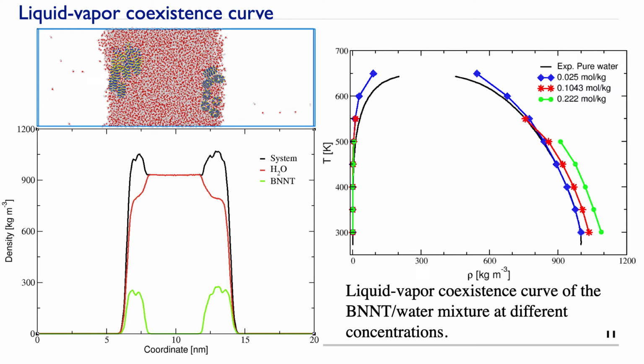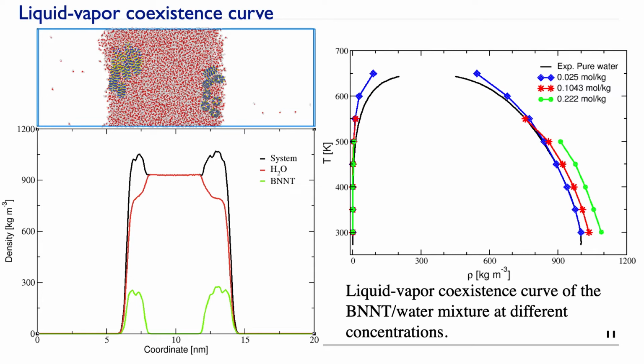The red curve is for the next concentration. In the liquid branch it is displaced, since as the concentration of nanotubes increases, the density in the liquid region increases.